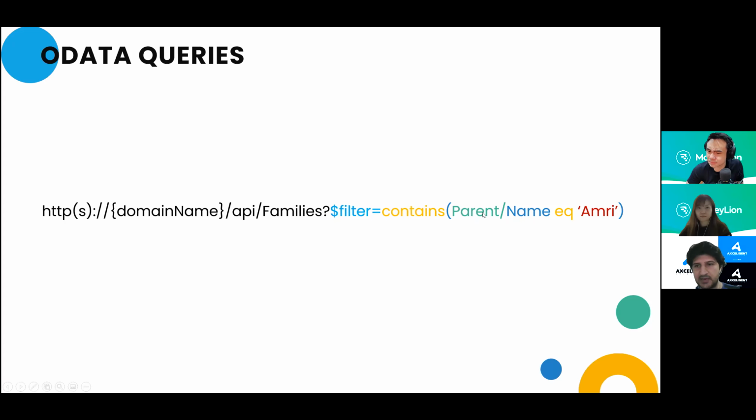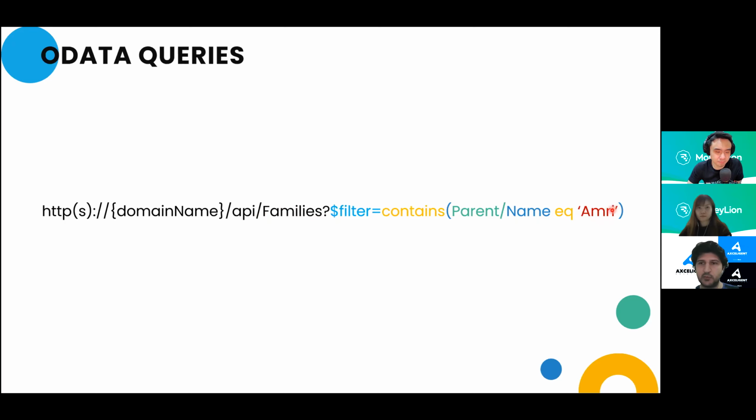So when you say parent/name, you should understand that families returns a set of results, and each result has, for example, the parent. That parent is a JSON, and that JSON has a field of name, and on that child field, I'm going to search for anything that contains the value of Amri.